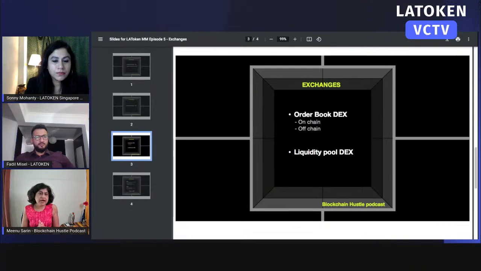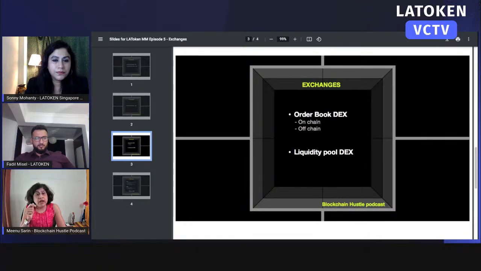But having said that, in the decentralized exchanges, they are put into two buckets. One of them is called the order book decentralized exchange, and the other one is called your liquidity pool exchange. Now, the order book decentralized exchange is one in which your order book is central. So it is like your traditional exchanges.